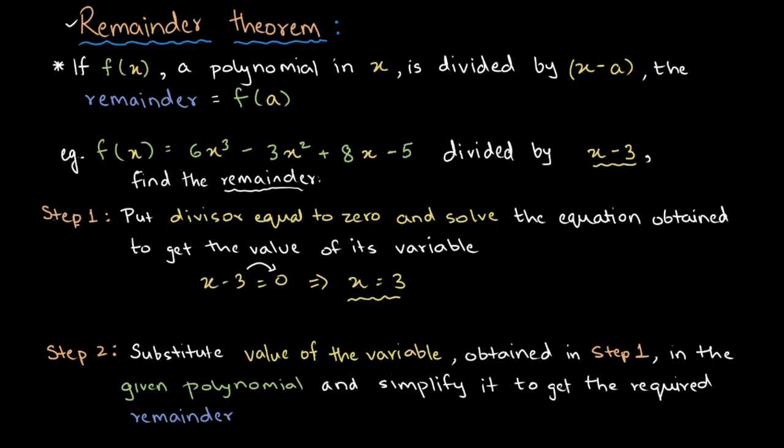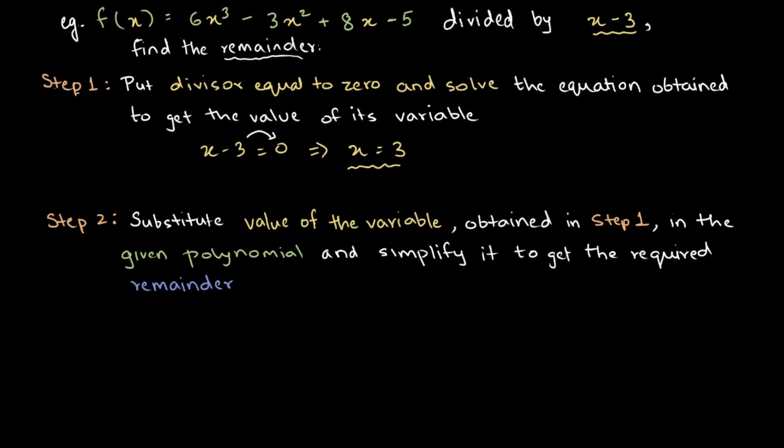So what that means is, according to the remainder theorem, if I substitute this value of x which I have received in the given polynomial, I should get the remainder. So I could say now that the remainder is equal to f of 3. f of x is my polynomial, and instead of x, I'll just substitute 3, and this should give me the value of the remainder.